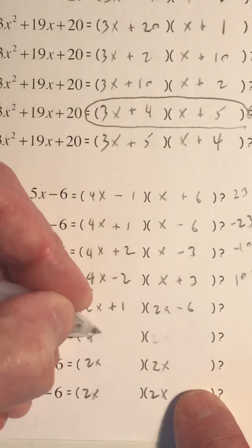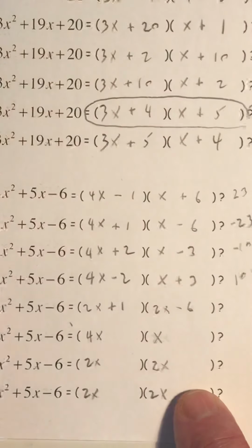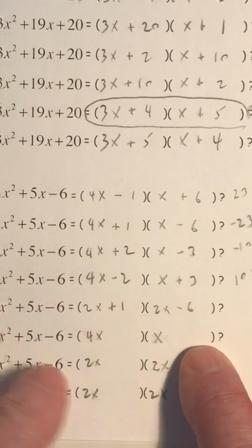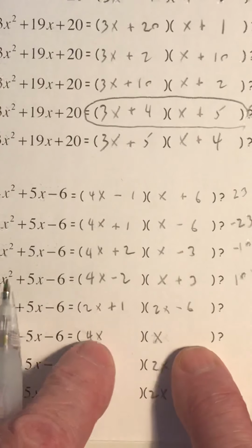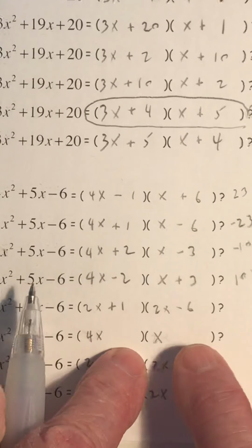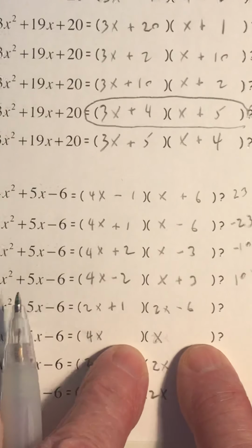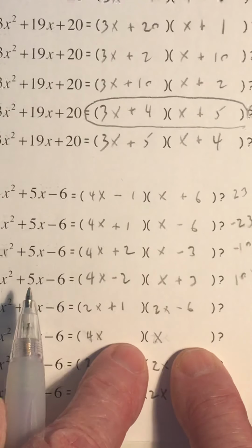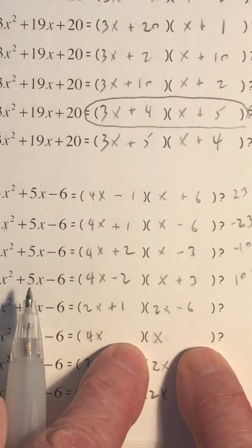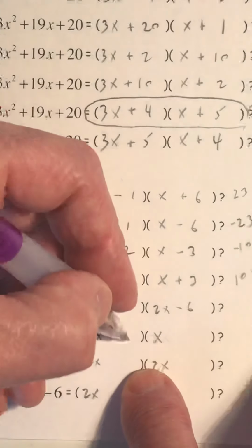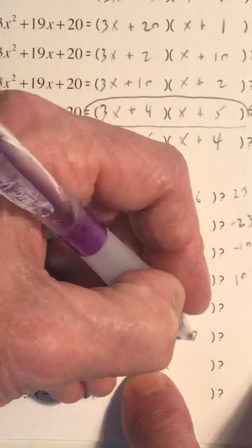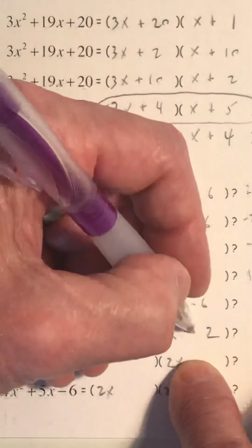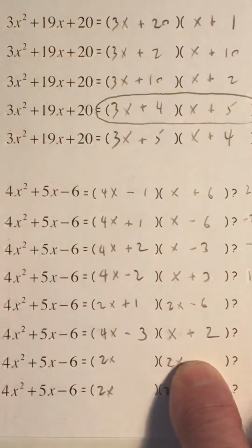If I put a 4x there and an x there, let me just think for a second here. If I put a 6 and a 2, 6, 2, no, 3, yes, okay. I knocked it out in my brain. Make this plus 2 minus 3.